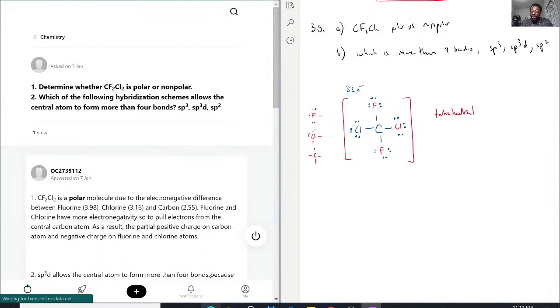Okay? And what this would actually look like, if I drew it out to my best capabilities, is something like this. And it doesn't even matter what I put here anymore, because as you see, this is always going to be uneven. There's no way the fluorines and the chlorines could pull to where they would, quote unquote, cancel each other out.